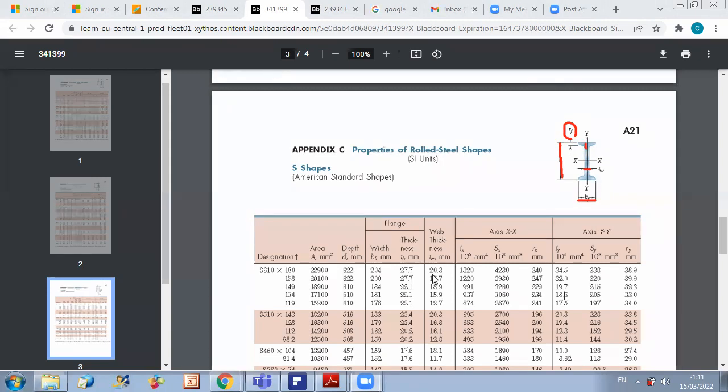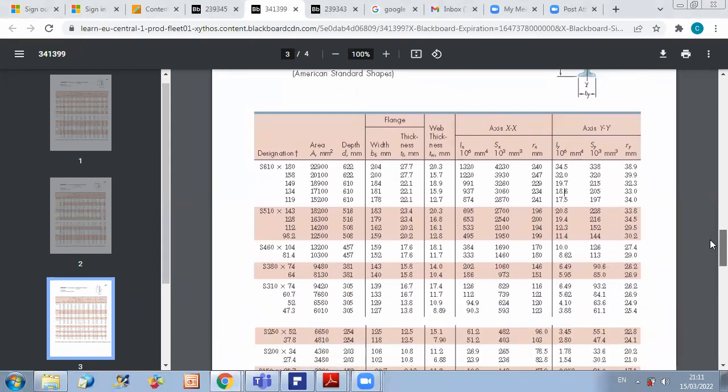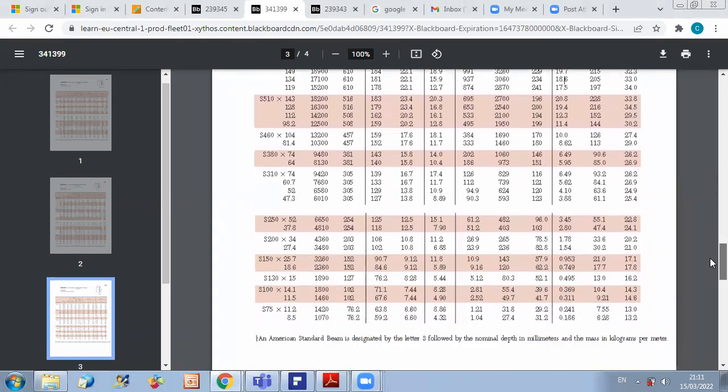And you can see here that you have the same way of presentation. You have the letter S to refer to the shape. The first number refers to the nominal depth, and the second one will give you the mass per unit length, as we discussed before, so it gives you an idea about the corresponding weight per unit length.